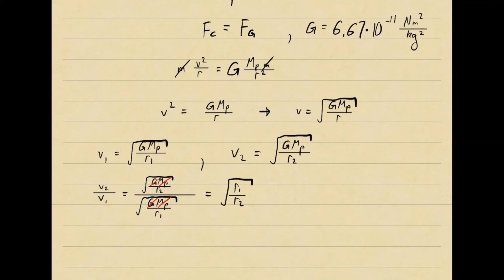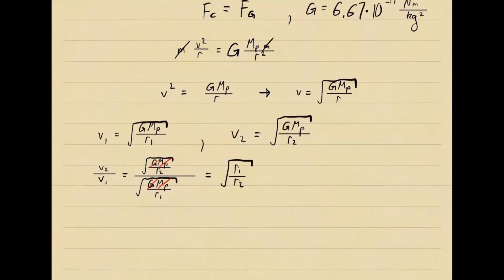So r1 goes on top, r2 goes on the bottom. So now we have v2 over v1 is equal to this stuff. And we can solve for v2, the speed of the second satellite, by multiplying both sides by v1, the speed of the first satellite. So v2 is equal to the square root of r1 over r2, times v1.